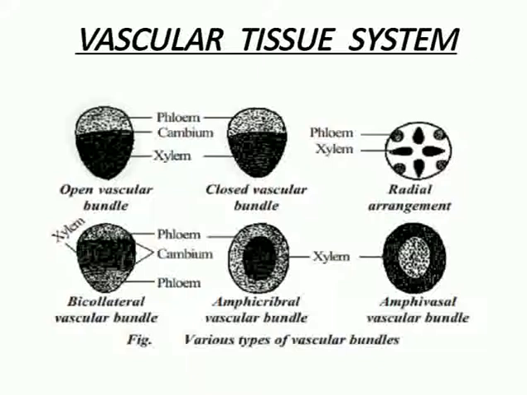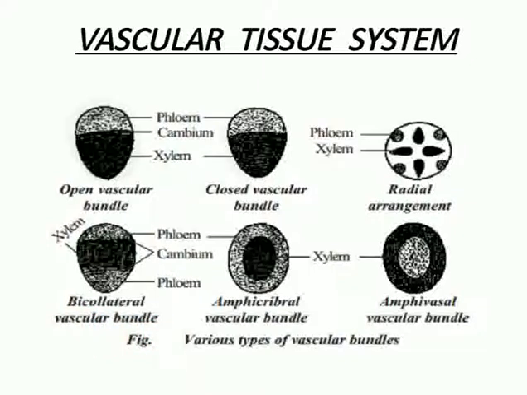Such conjoint vascular bundles are common in stems and leaves. Conjoint vascular bundles usually have the phloem located only on the outer side of the xylem, as you can see here. When the phloem is present on both sides of the xylem, such a condition is called bicollateral vascular bundle.